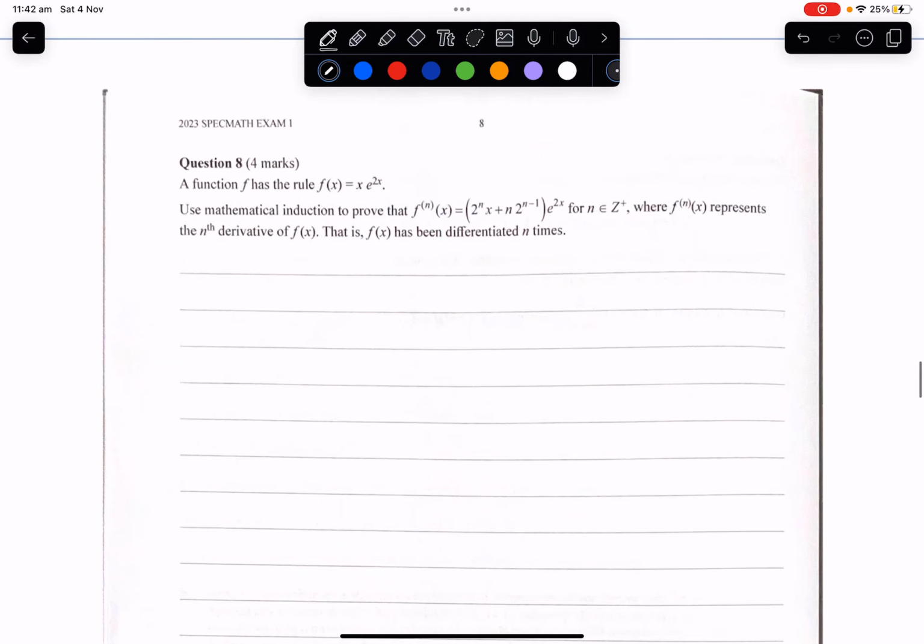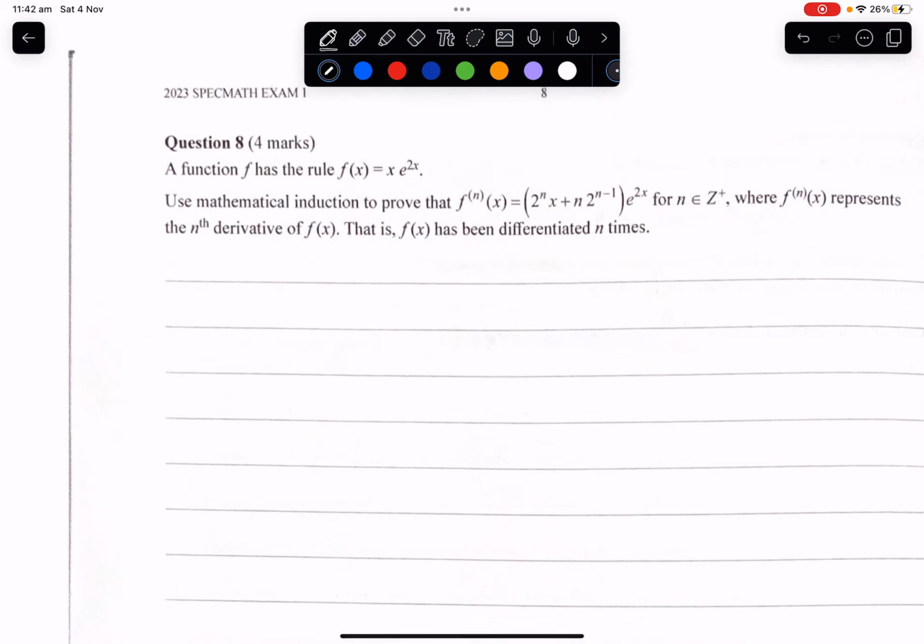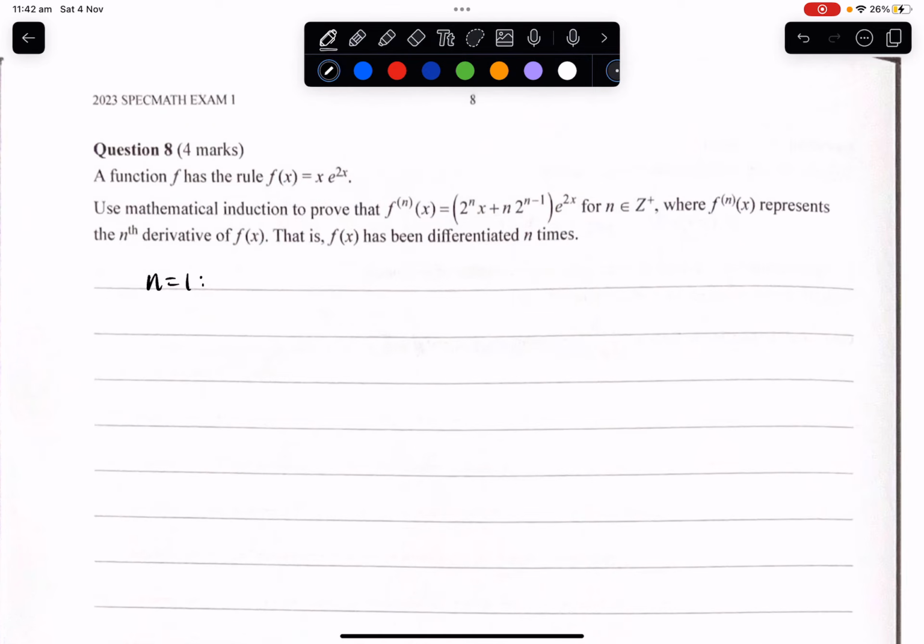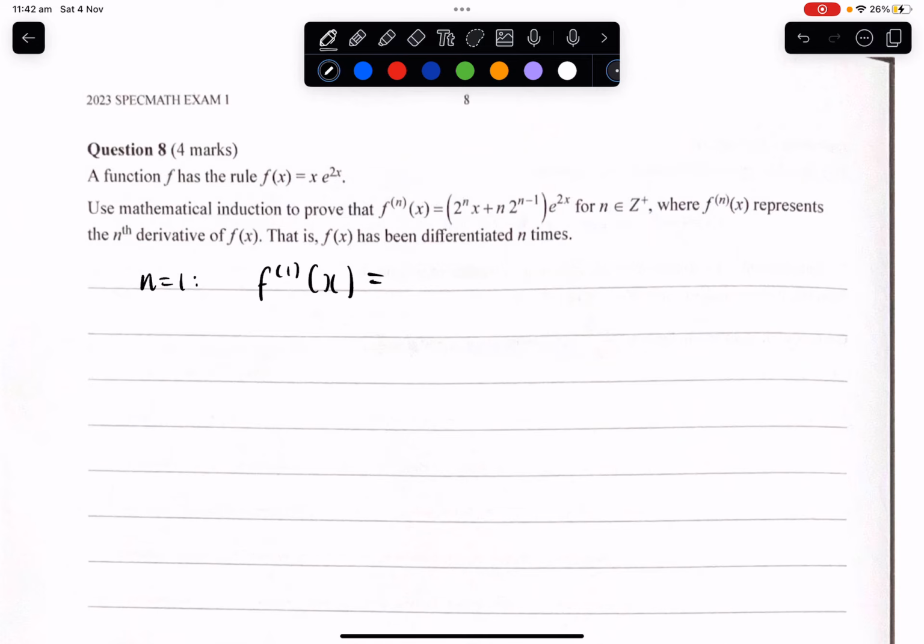So first you need to test the first case, so n is equal to 1. That's just the first derivative, so f1 of x would be equal to, keep the first, x, and then 2x e to the power of 2x, plus, differentiate x and you just keep the e to the 2x.